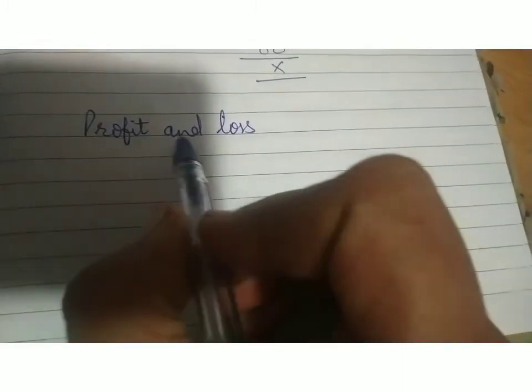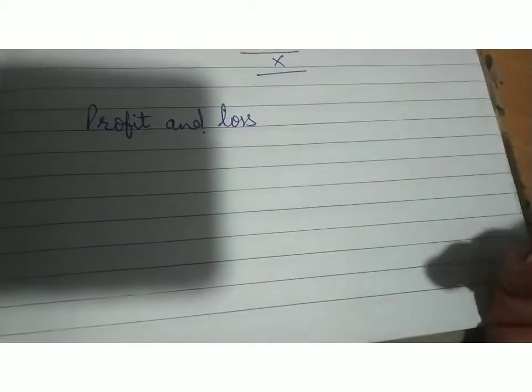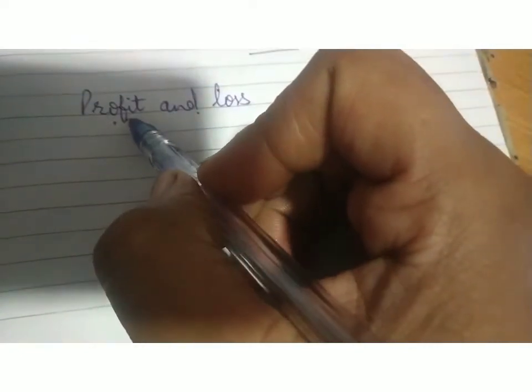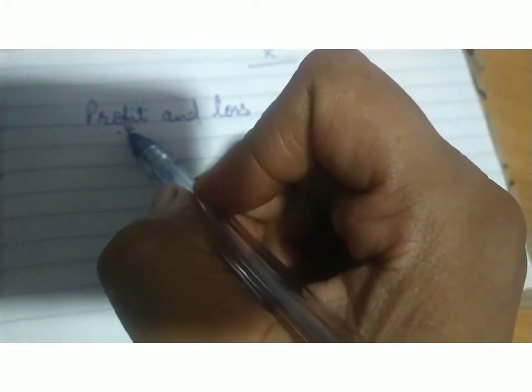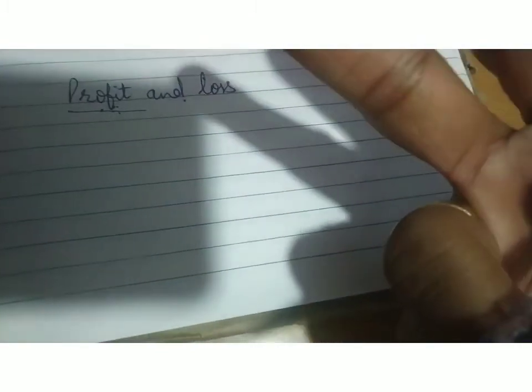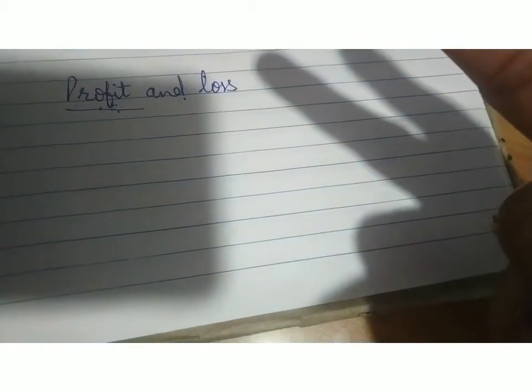Children, now we will study profit and loss. So what is profit and what is loss? When we sell something at a higher price than the price at which we purchased it, in that condition we will be in profit. So there are two types of prices.